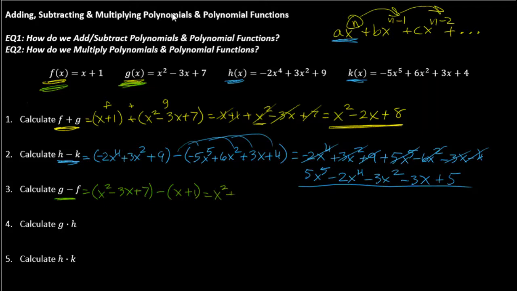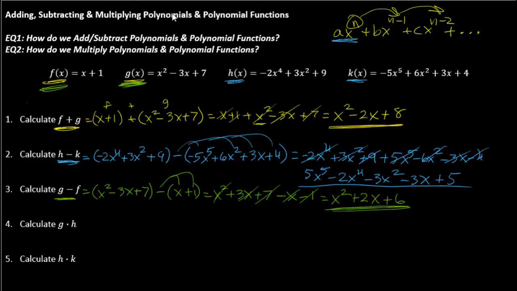So x squared plus 3x plus 7 minus x minus 1. And again, all I did was distribute the minus into the parentheses. Okay, from here, again, we're just combining like terms. x squared has nothing to combine with. Plus 3x minus x, so plus 2x, plus 7 minus 8 plus 6.